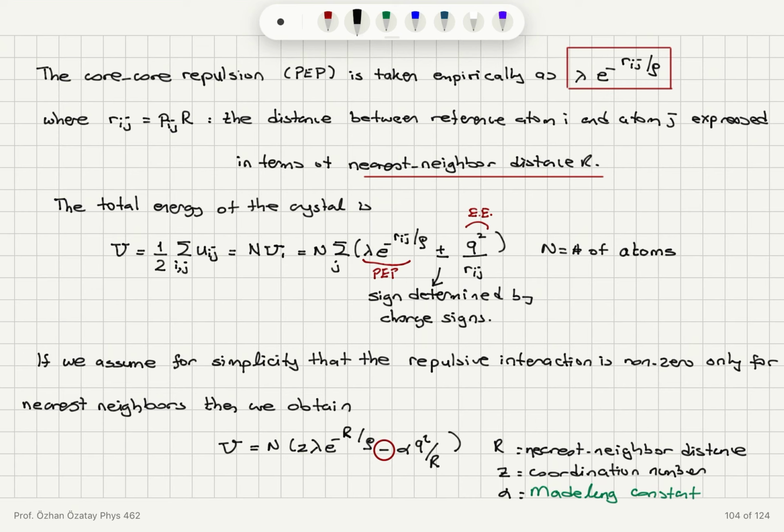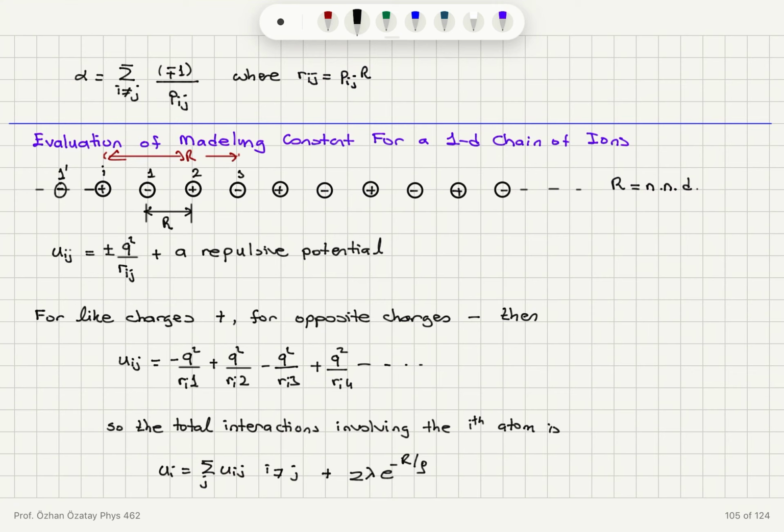We can write the second term as minus alpha q squared over r, where we have introduced alpha, the Madelung constant. Because of this minus sign, for two charges that have the same sign, we have plus q squared over r energy, but the Madelung constant becomes negative.